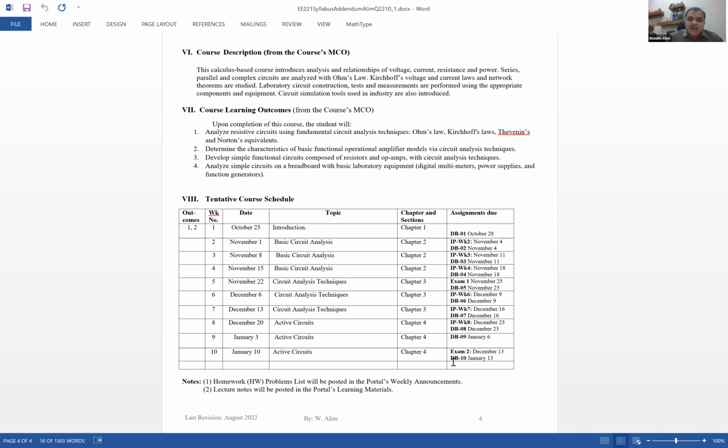And then you can also see the various tasks that are going to be due throughout the term. These are in addition to discussion boards. Every week you can see that there's one assignment almost on a weekly basis. It could be a homework, it could be a lab, it could be an exam. So that gives you an idea of what to expect in this term. Okay.